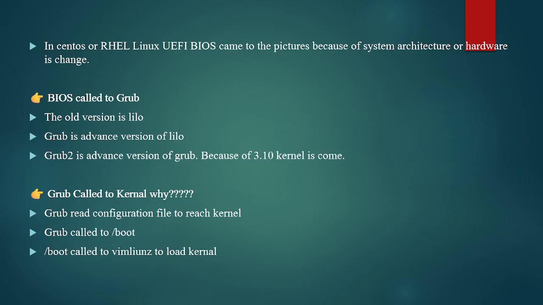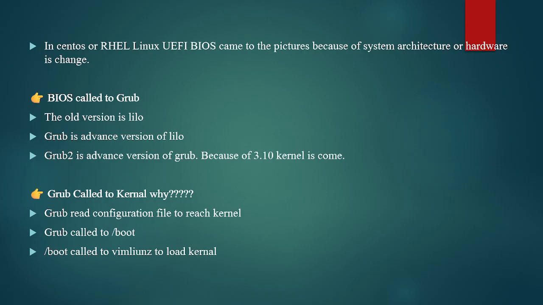Now you guys know very well there have been lots of changes in the hardware over the last 5 years. Earlier we worked on RHEL 6 or RHEL 6.5. This is the older operating system. Now the current operating system is RHEL 10.